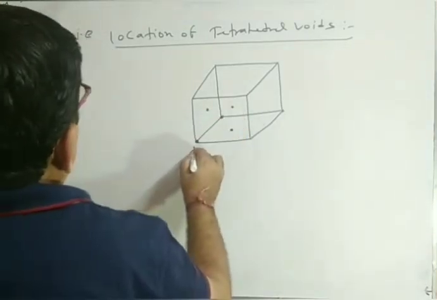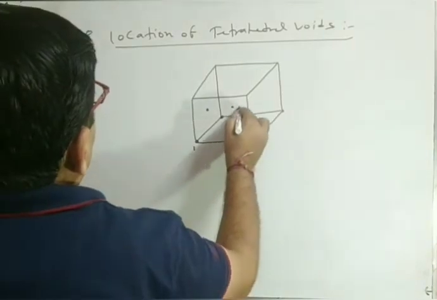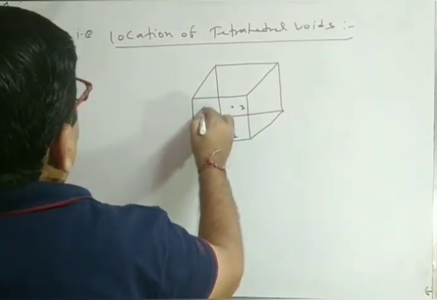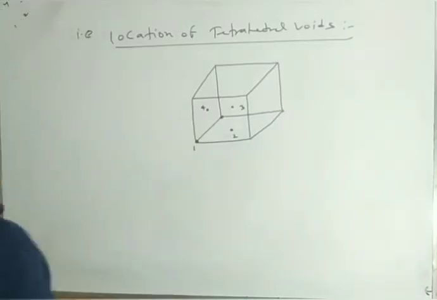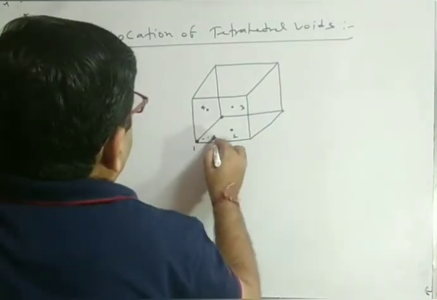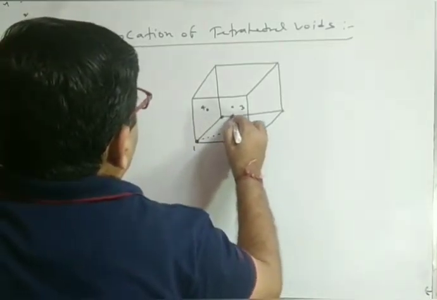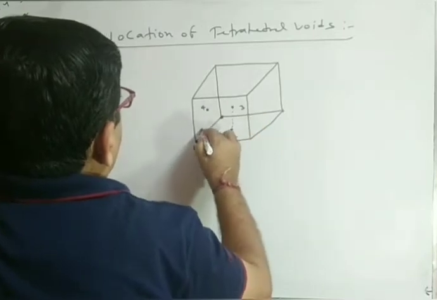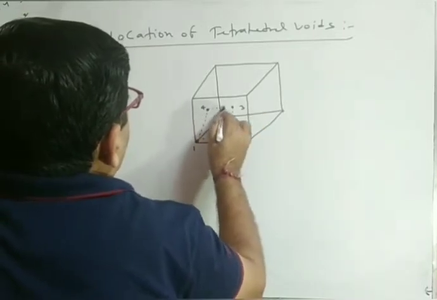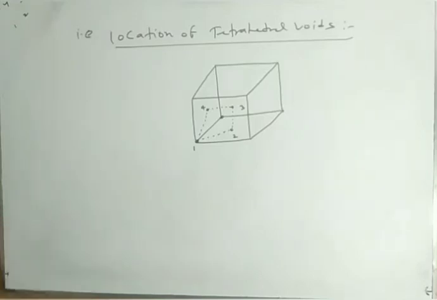This point is considered to be 1, 2, 3, 4. This forms a tetrahedron.